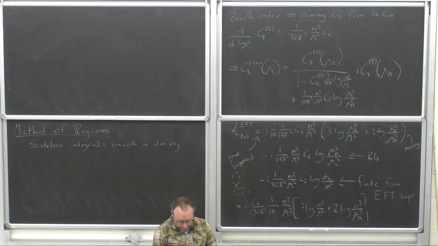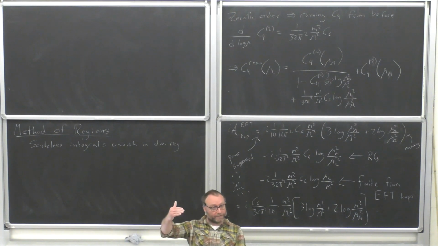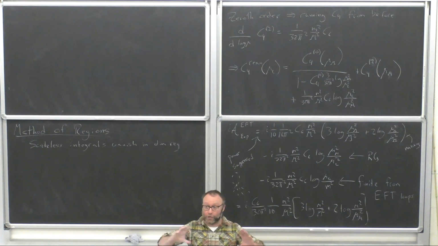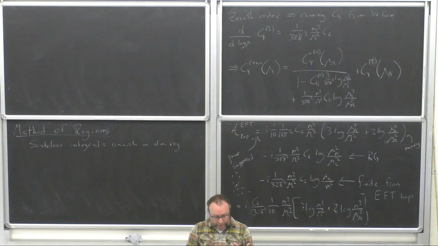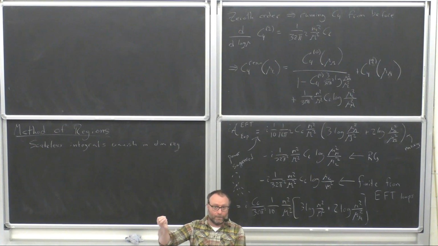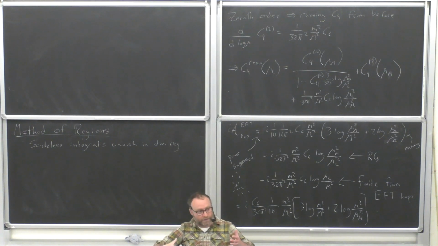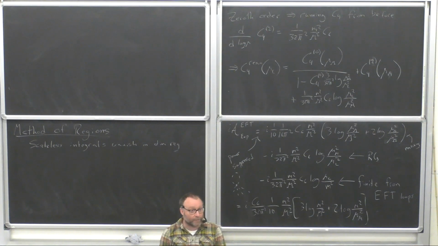There's a puzzle, which we talked about yesterday: when I have heavy particle decoupling and I'm working just in the low energy EFT where I don't have the heavy state, I compute the renormalization group evolution from divergences. Yesterday I argued that the RGE at low energies should not include the contribution from the heavy states. Nonetheless, DimReg is integrating up to infinity. So there's a conceptual puzzle there, and it's explained by this method of regions.